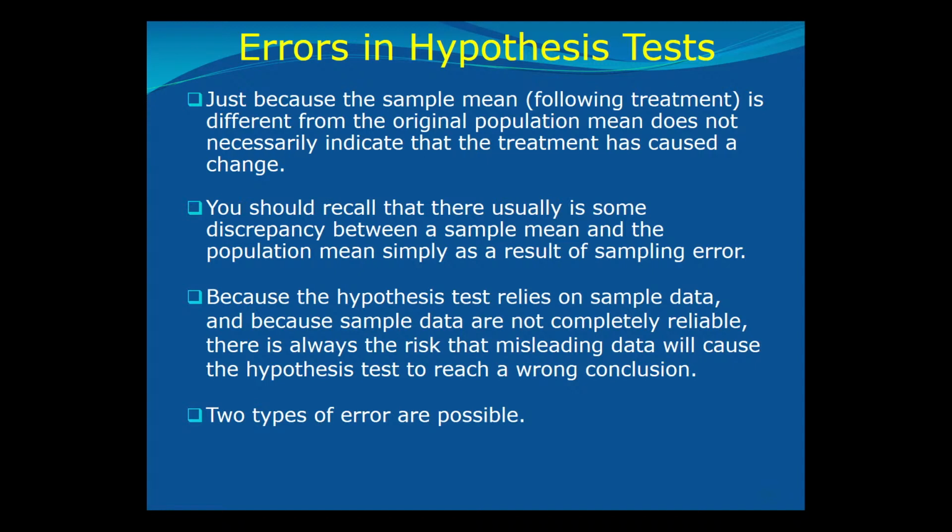Because the hypothesis test relies on sample data, and because sample data are not completely reliable, there is always the risk that misleading data will cause the hypothesis test to reach a wrong conclusion. Two types of error are possible.